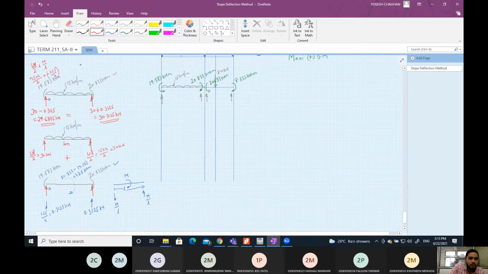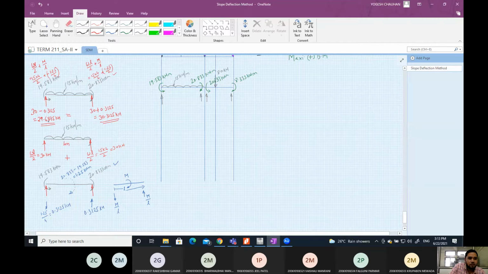Okay, and at this end you can find it this way also, or you can simplify this way to understand this. WL by 2 plus M by L, so that will be 15 into 4 by 2 plus 1.25 by 4.